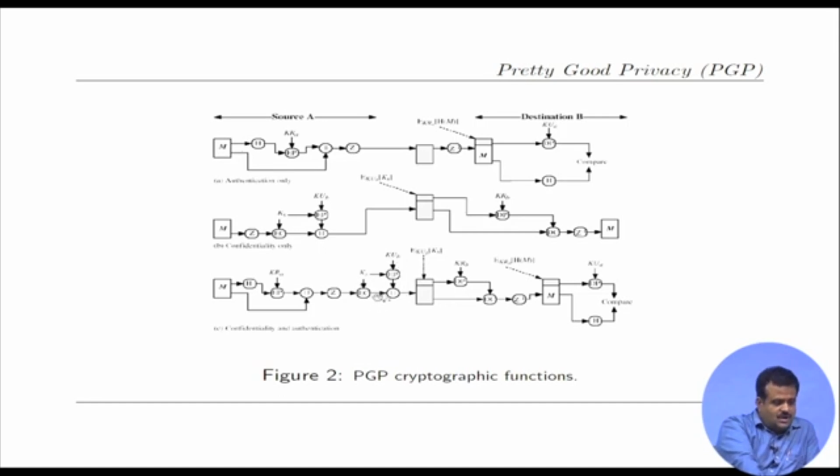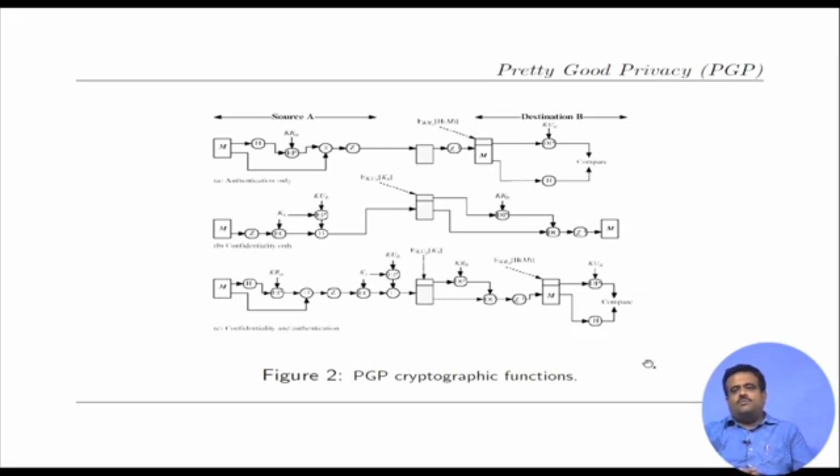So we just combine these and send it to B. Upon receiving this, B will first decrypt this and get the KS. After getting KS, B will apply the symmetric key decryption and get this, and then apply the unzip, and then we check the authentication.